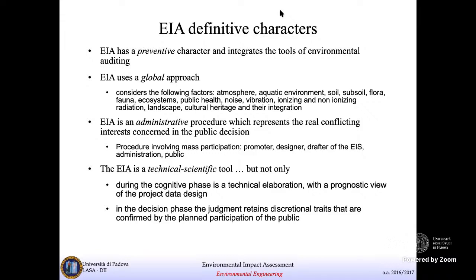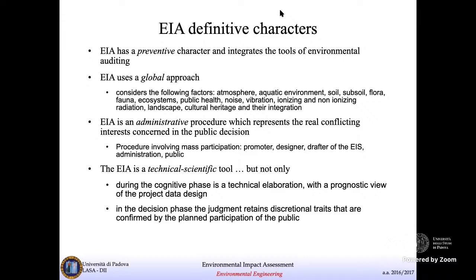But in the decision phase, the judgment retains some discretional traits that are confirmed by the planned participation of the public. So it is a matter of finding an acceptable compromise between the need for human society's economic development and the protection of the environment.